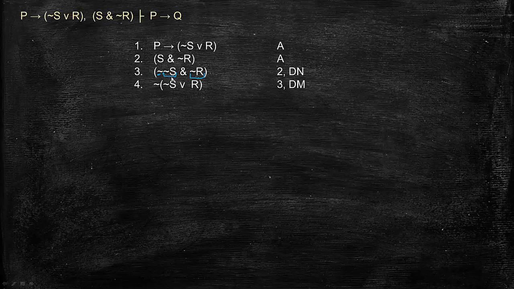So essentially you can think of it as pulling one of the negations out. You put the negation on the outside, and the conjunction becomes a disjunction. All right, so we actually do now have exactly the negation of this formula, right?